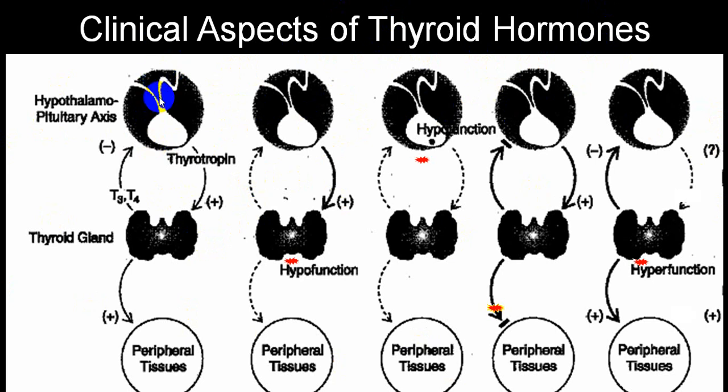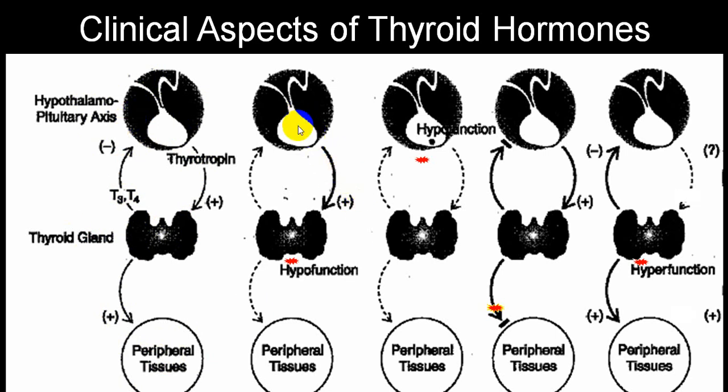So it is shown that the hypothalamus will secrete TRH, which will act on the anterior pituitary gland, and that will stimulate the thyroid gland to release T3 T4, and that will act on peripheral tissue. And this T3 T4 can inhibit the pituitary gland or hypothalamus by negative feedback.